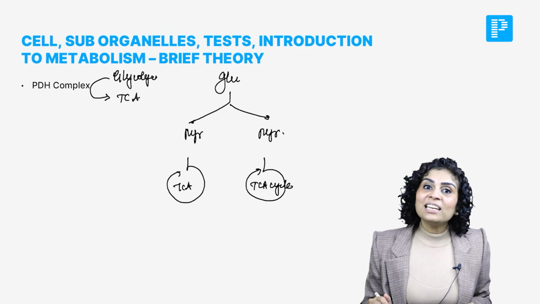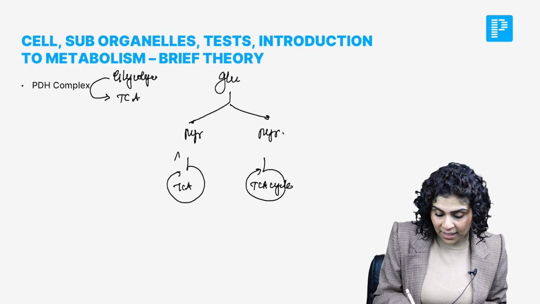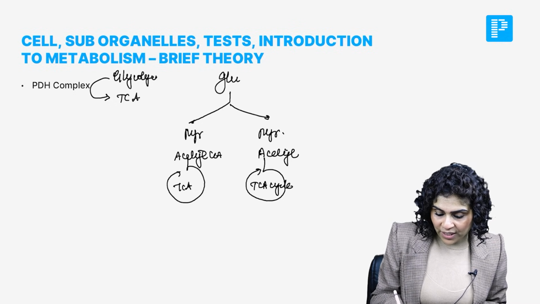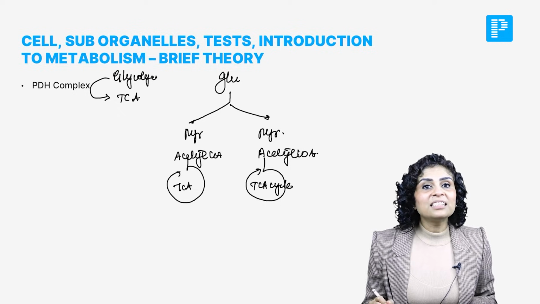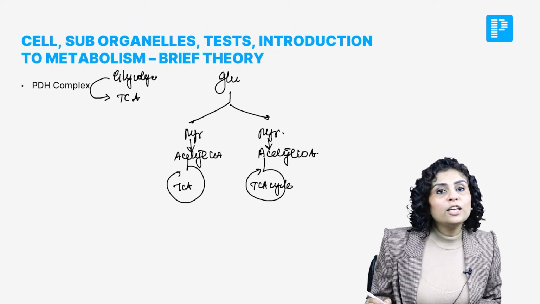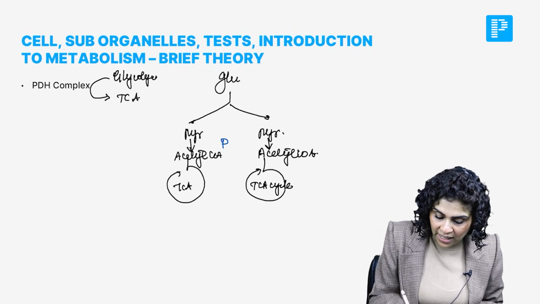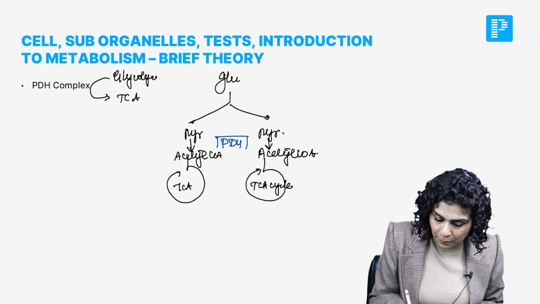How does pyruvate enter into citric acid cycle? By becoming acetyl-CoA. So which enzyme converts pyruvate into acetyl-CoA? That is pyruvate dehydrogenase complex.